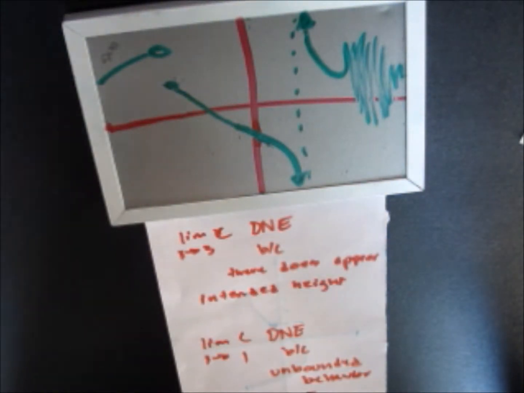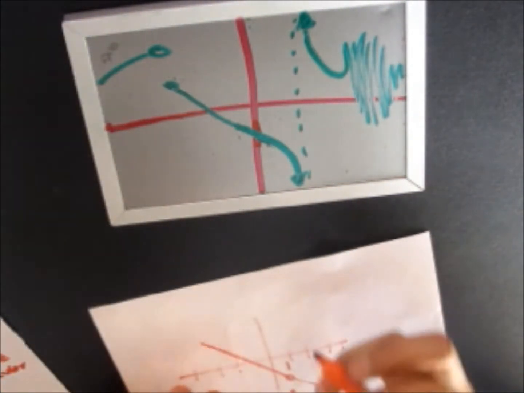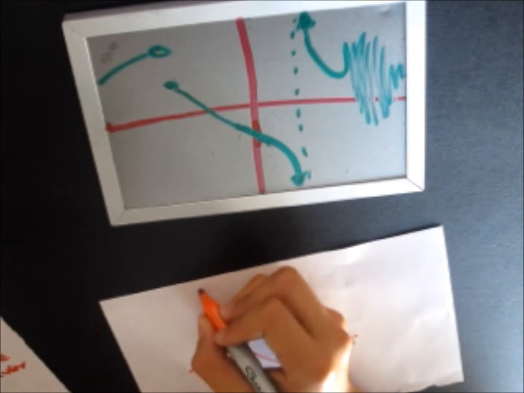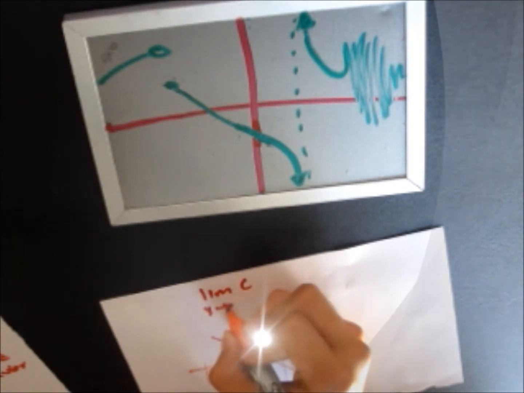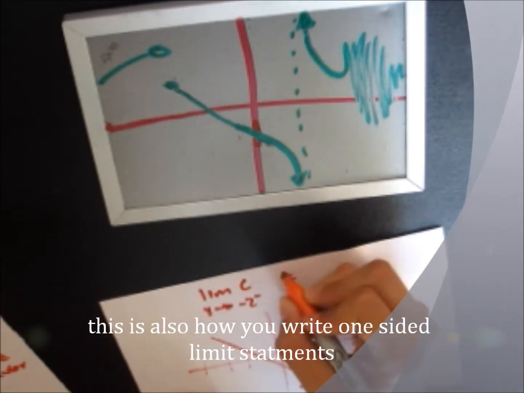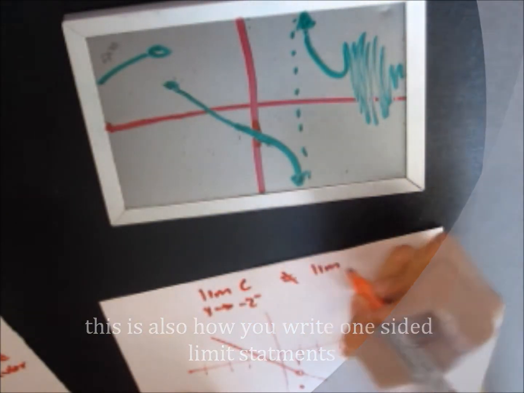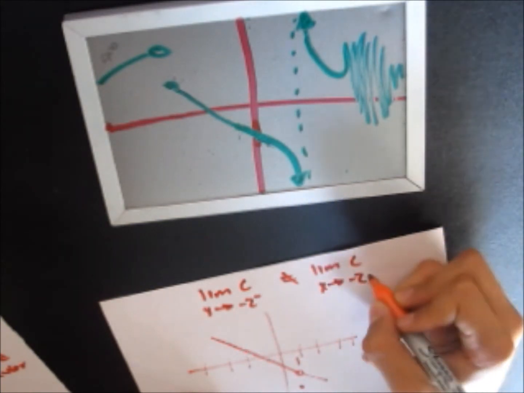One way that you could write that down would be the limit of c as x approaches -2 from the left does not equal the limit of c as x approaches -2 from the right.